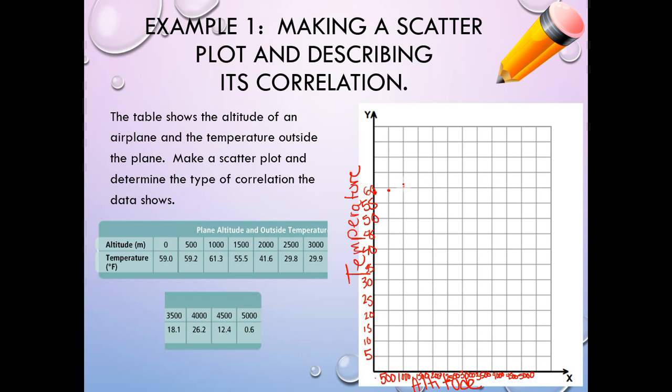Okay. 1,500 is 55.5, so I'm going to go up to 55 and go just a little bit above it, just a hair above. There we go. 2,000 is 41.6. About right there.